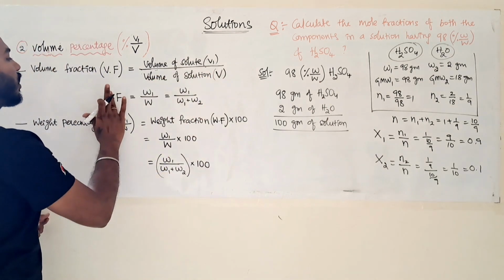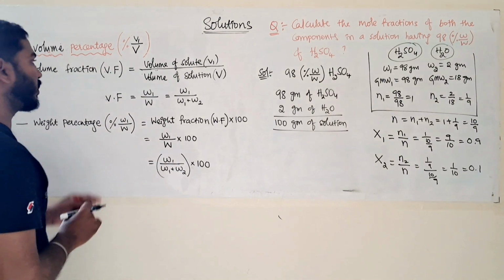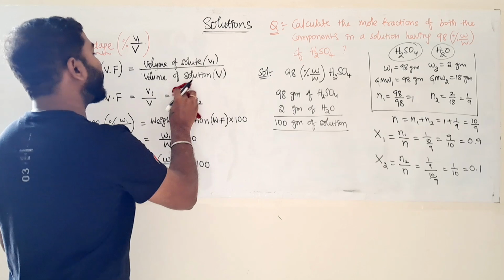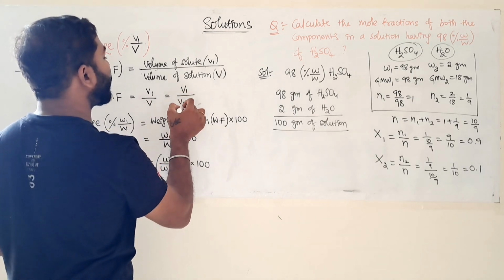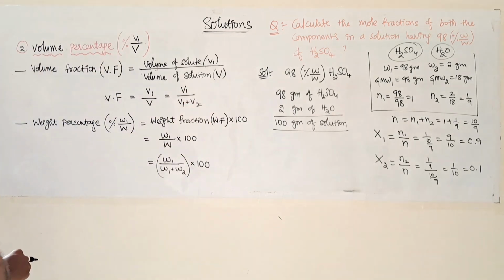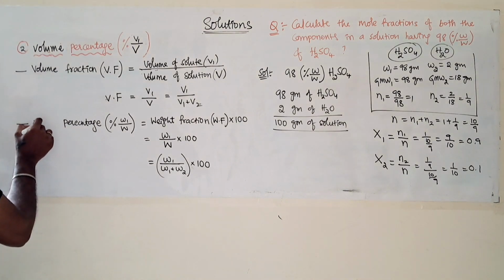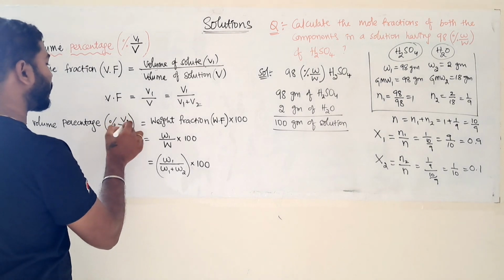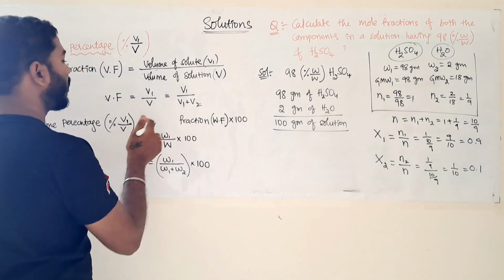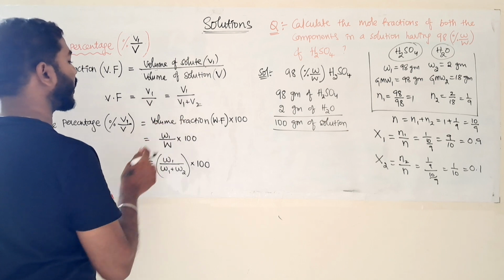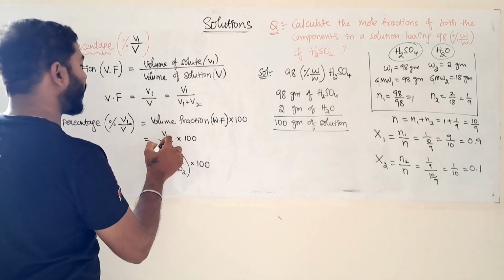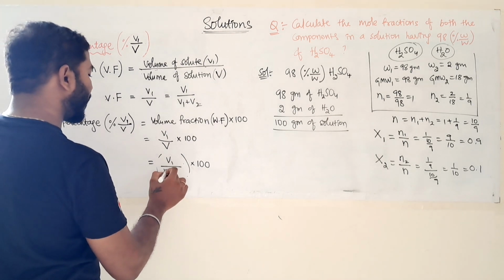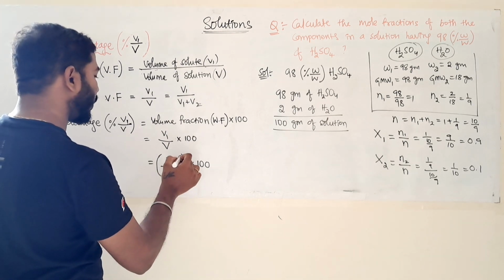Now the volume fraction, V1 by V, can be written as V1 by V1 plus V2. Similarly, next is volume percentage. Volume percentage can be written as volume fraction into 100, that is V1 by V into 100, and finally V1 by V1 plus V2 into 100.